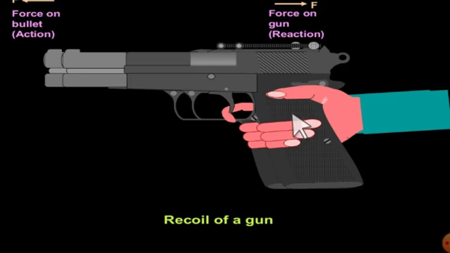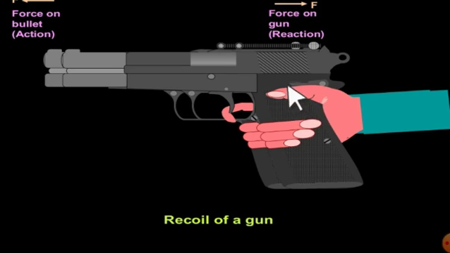Got it? Yes. The same is the case in the recoil of a gun. You might have seen that when a gun is fired, the bullet moves forward, whereas the gun moves backward. You might have seen this in the case of Bofors guns, and the ancient cannon.